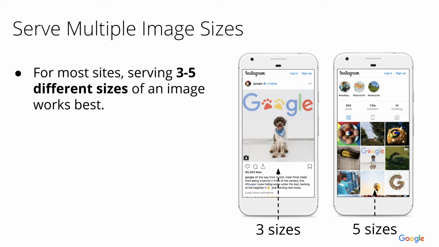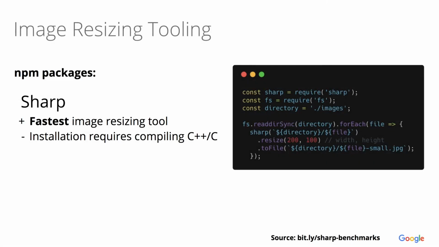For most sites, serving 3 to 5 different sizes of an image is interesting. For example, here, if you check Instagram, we have like 3 sizes when we check one image, and 5 when we check all the images together.